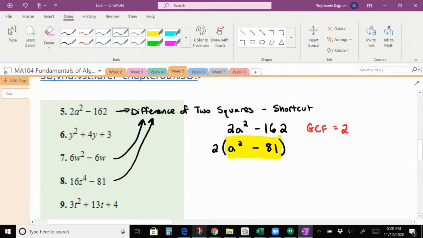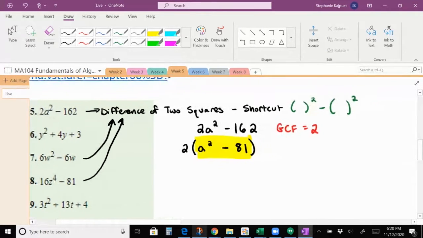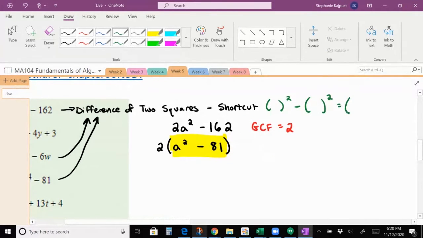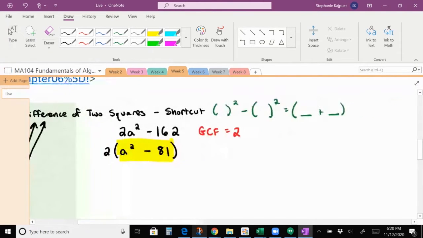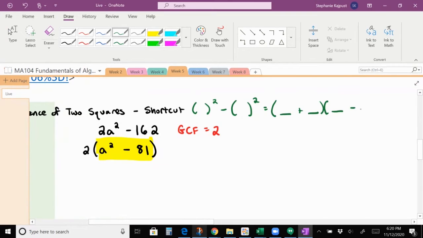Actually, let me not even use variables. Something squared minus something squared factors to the first thing plus the second, and then the first thing minus the second.